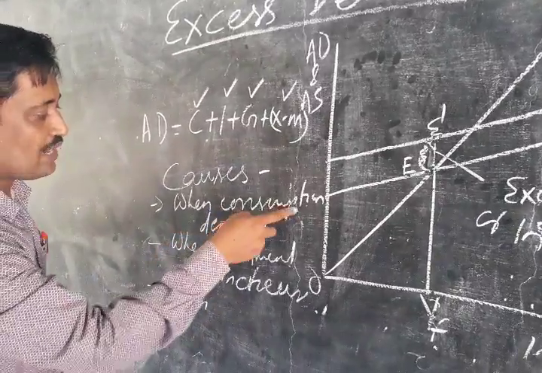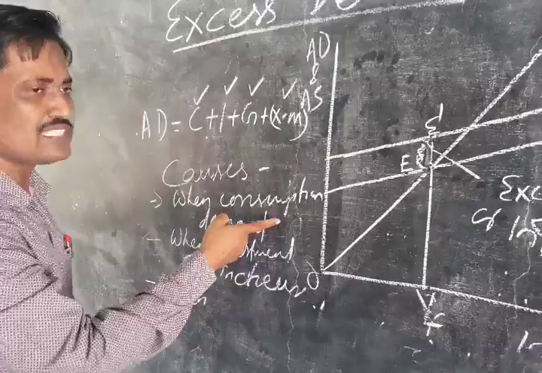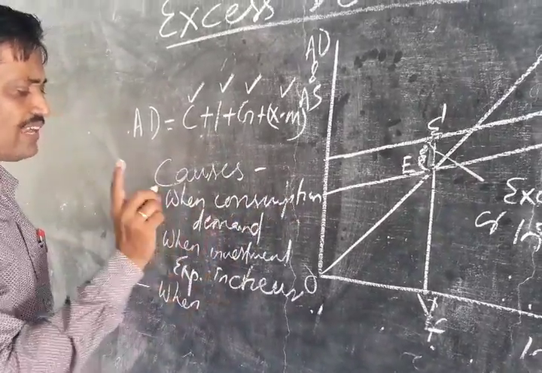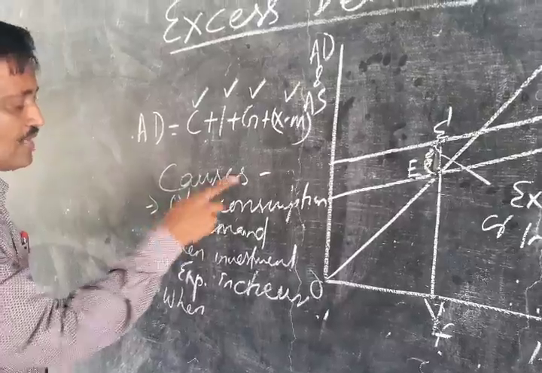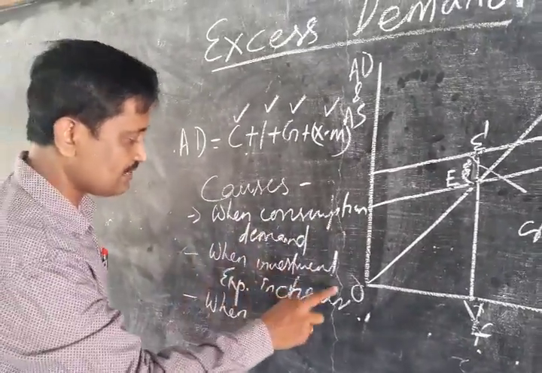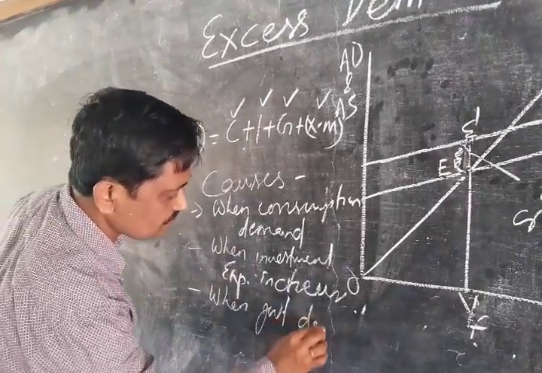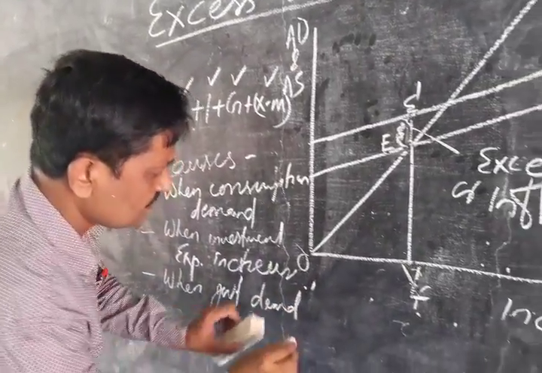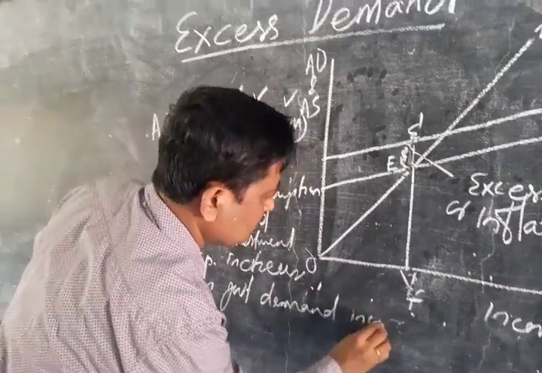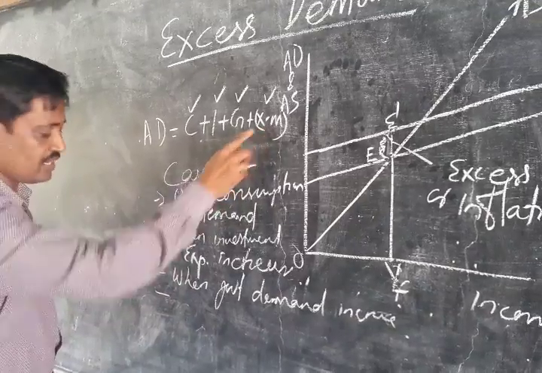So let's say why consumption demand increases, it may be due to the increase in propensity to consume, due to increase in income. Likewise, there are so many factors relating to that. So what are the causes? When consumption demand increases, when investment demand increases, when government demand increases, or due to increasing demand for foreign goods.